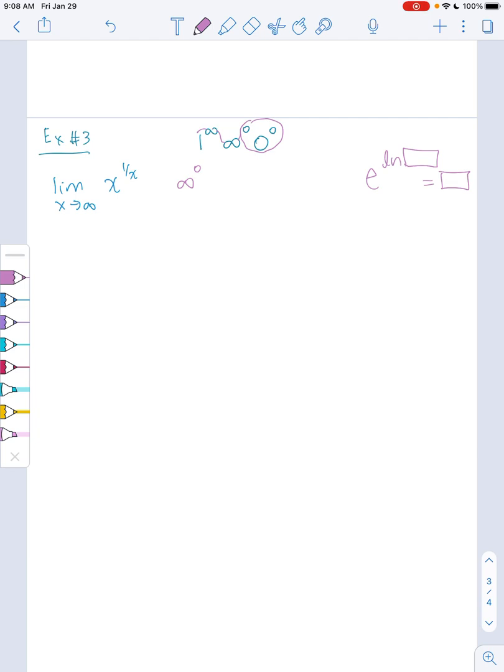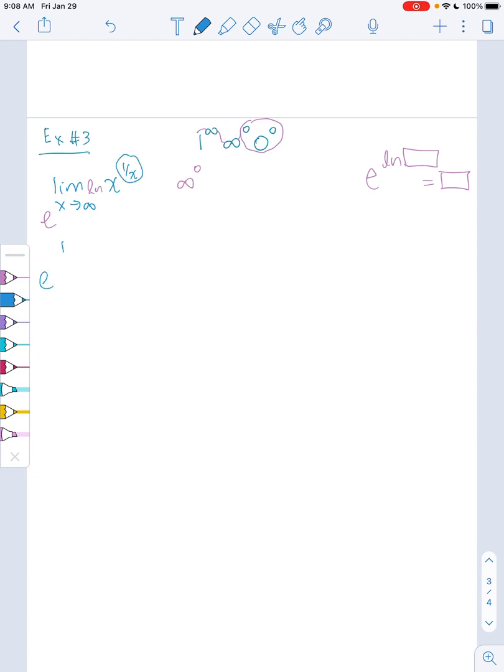So if I take e to the ln of that initial expression, this is mathematically equivalent to the original problem. What the ln of that expression inside the limit does, the argument of the log, is let me bring the exponent down. So let's rewrite that.